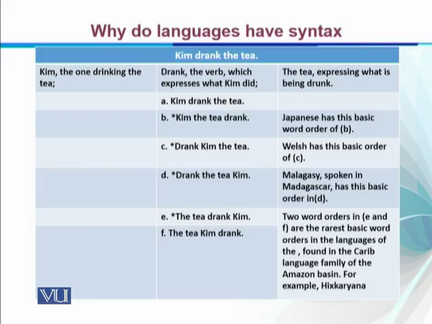However, this is a very rare sentence order, but still found in some languages of the Carib family of the Amazon basin, especially Hixkaryana, right? And the same for the tea drank Kim and the tea Kim drank. The tea Kim drank can be found in English because it's not starred.